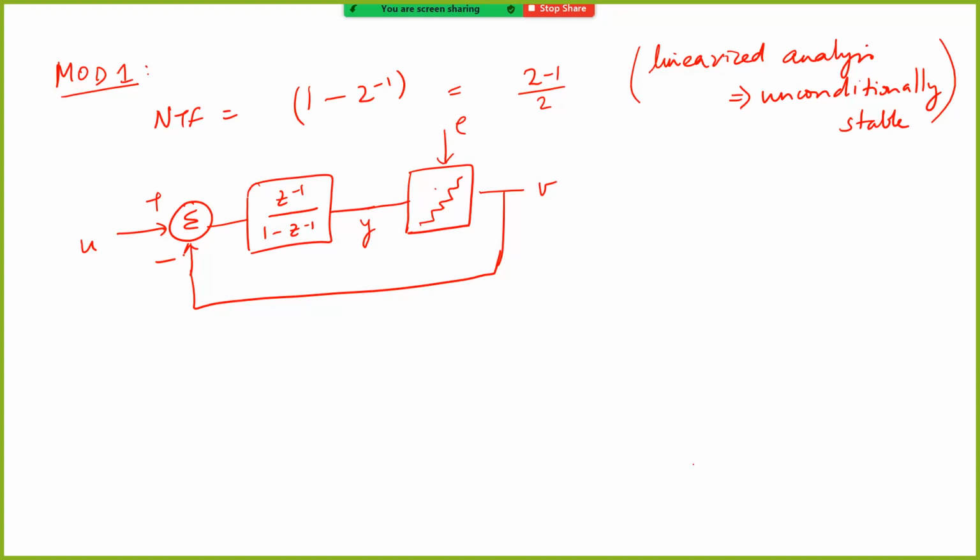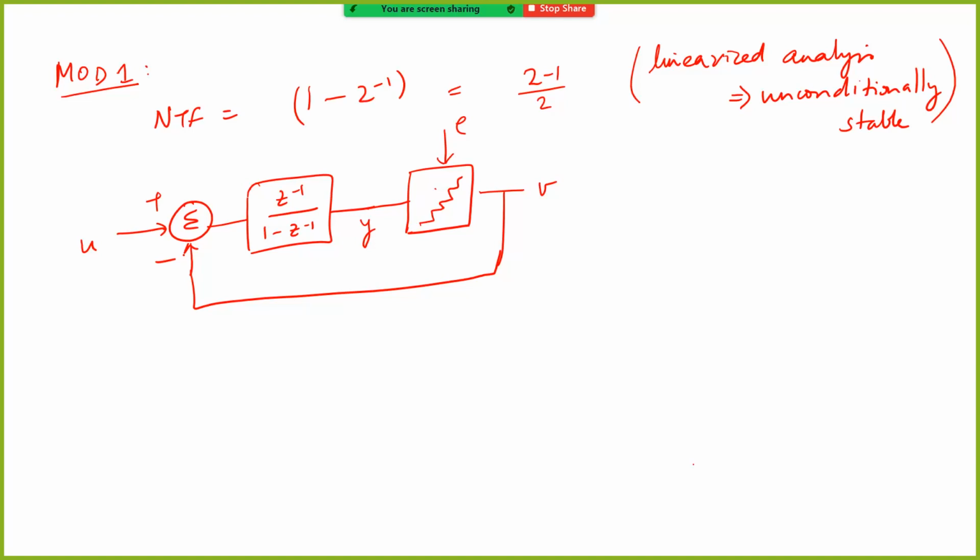Now, because we have an A to D and a D to A put together, we linearize it and say that there is an additive noise whose PSD is white and whose PDF is uniformly distributed. So that is what we have assumed, right? We have linearized this nonlinear system, and we have come to this conclusion, and we have written these noise transfer functions, right?